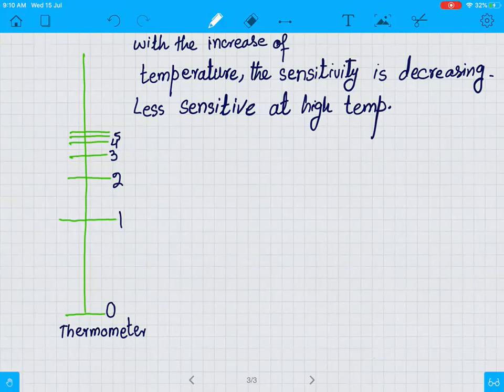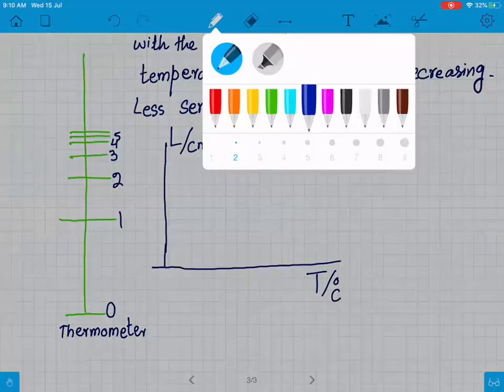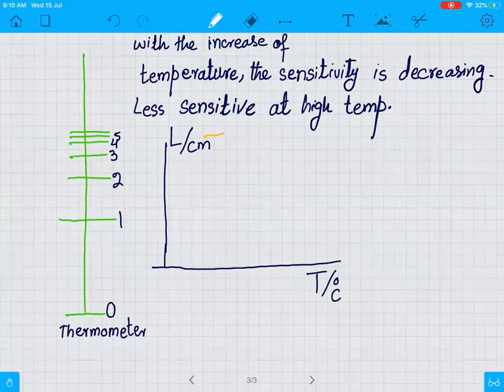Now, if we plot a calibration curve for this thermometer, then you must know that it is length in centimeter against temperature in degrees Celsius. Now you see the divisions are getting smaller. The graph will bend away from the apparent axis.